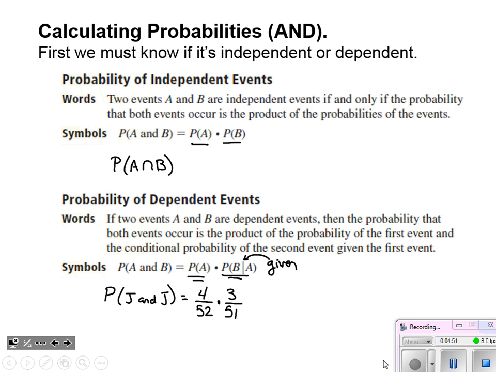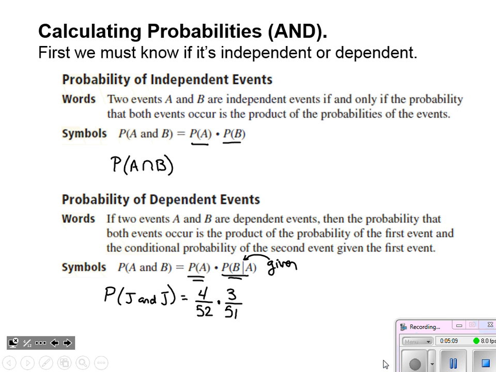So you can see the probability of B given A has adjusted the sample space and adjusted my desired outcomes. So we have a different fraction entirely with that second case, dependent events.